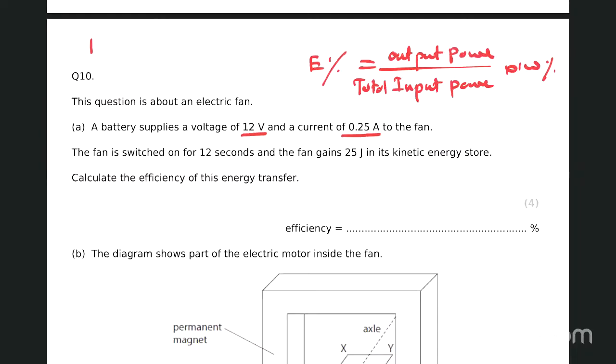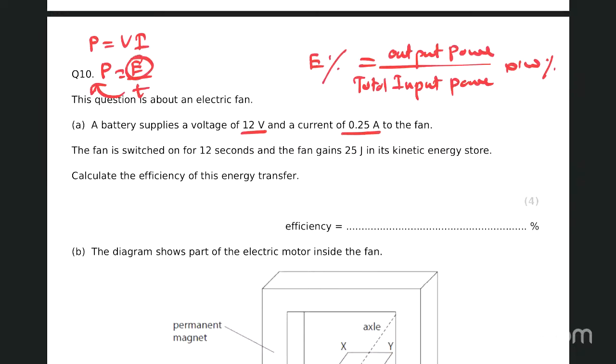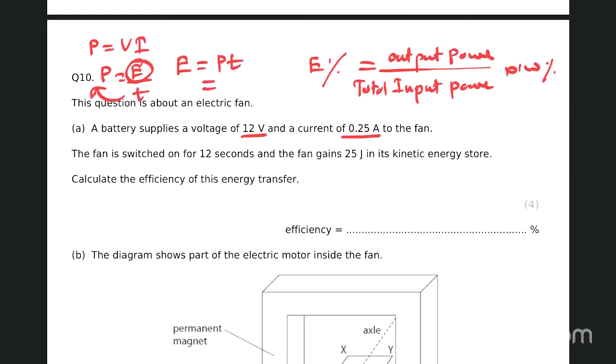So if it is power, then it will be P equals VI. Power means energy over time, right? So if we multiply time over here, then we will be getting the energy value. So you can get energy by multiplying P into T, which means it will be VIT. So here you can see the time is also given, right?